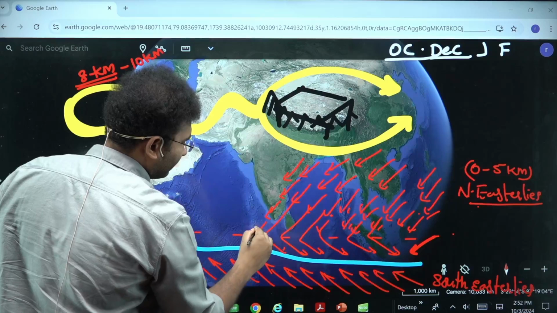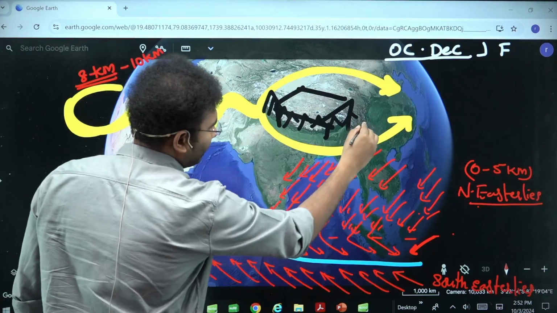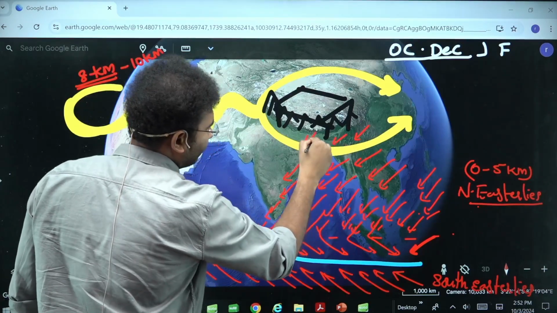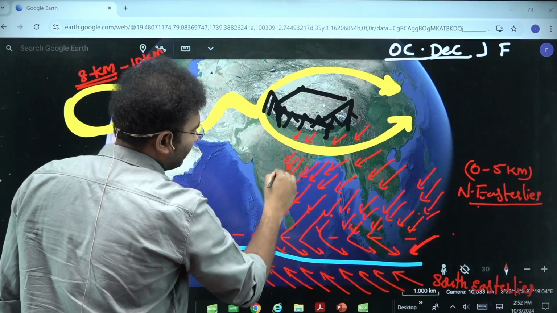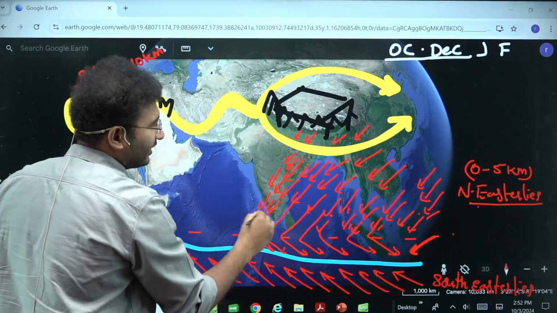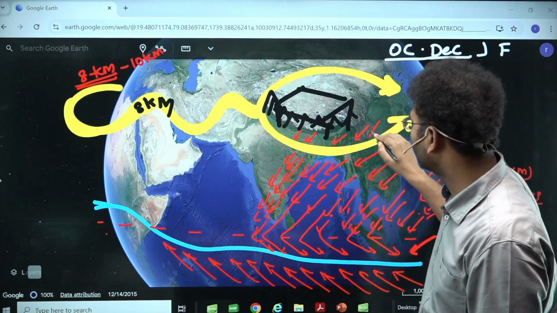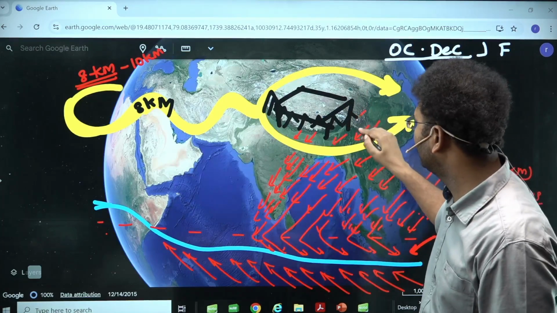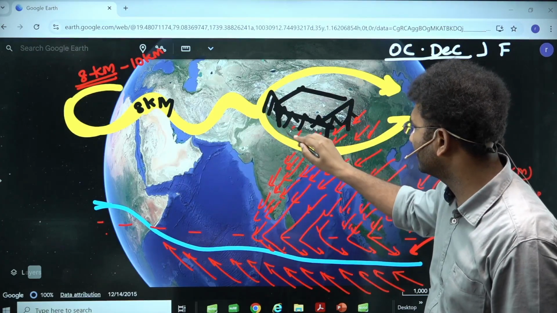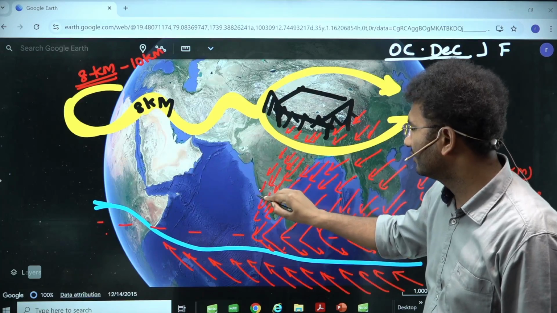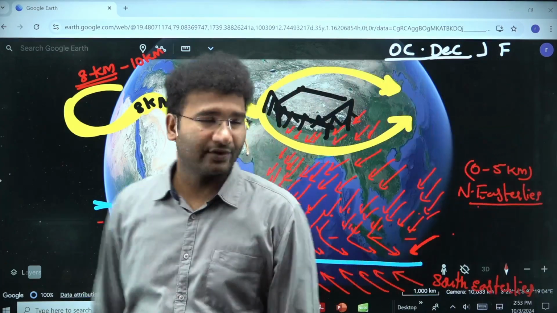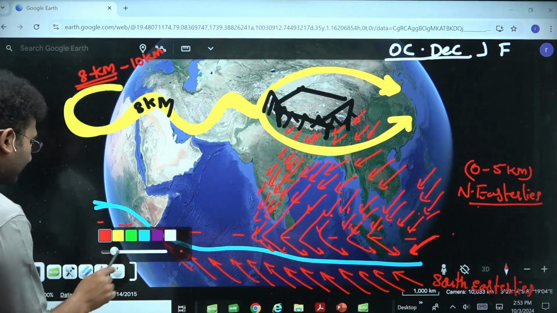So here you see the majority of it is over India. Now can I say that the wind seems to be coming from the northeast of India? These are the winds which are coming from the northeast of India, right? Look here, this is your India.